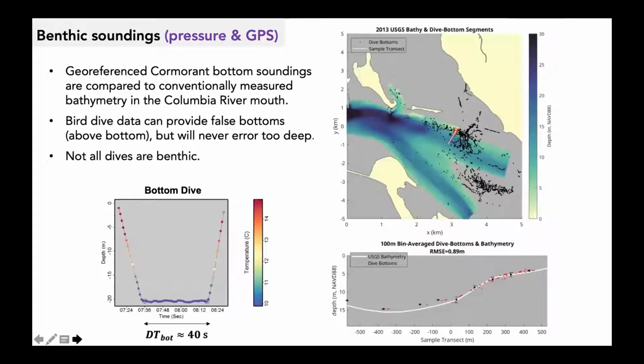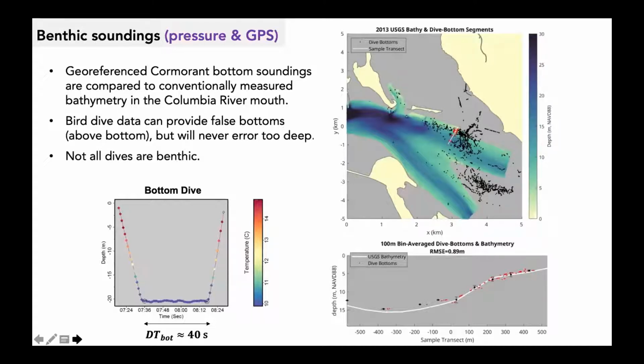Benthic soundings depend on both the pressure and the GPS for georeferencing. Of course, not all dives are benthic, but we're using the dive shape to characterize benthic dives. Flat bottom dives are probably to the sea floor, the estuary floor.